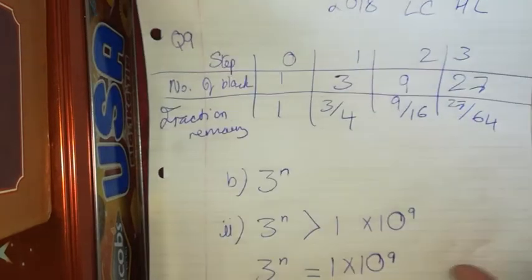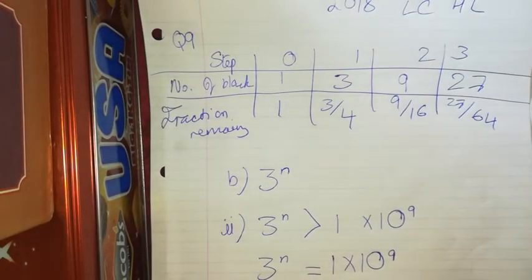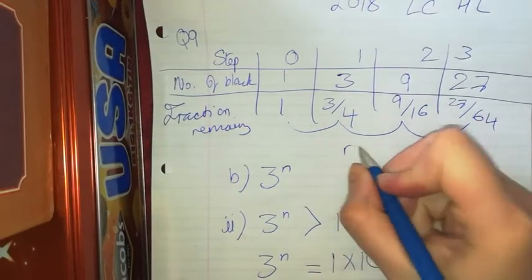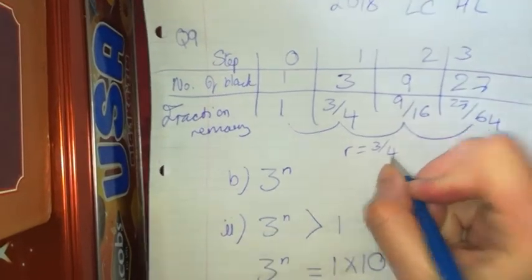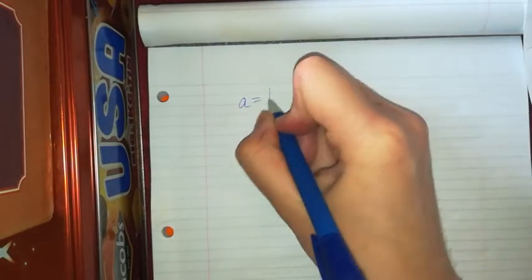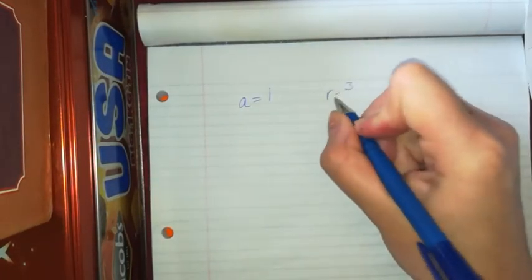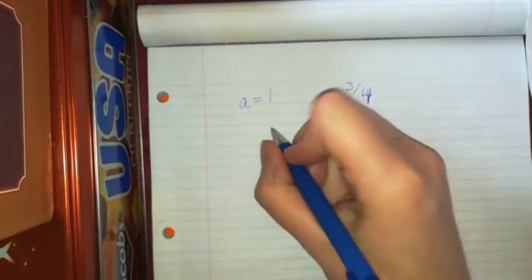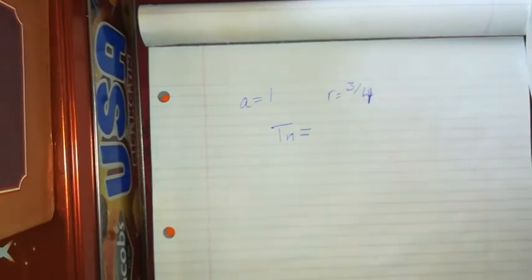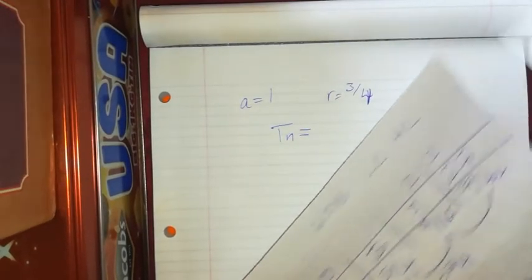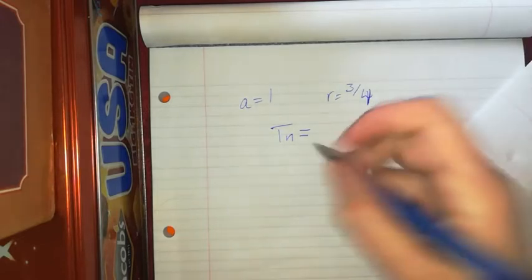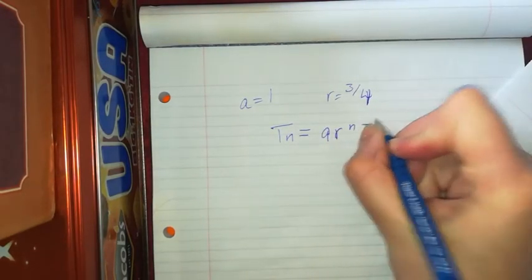So now I have to get a general term for my fraction of the triangle. Well, my common ratio for all of these is 3 over 4. So I can say it's a geometric series. So the first term a is 1, the ratio r is 3 over 4. So the general term of my geometric series is going to be a r to the n minus 1.